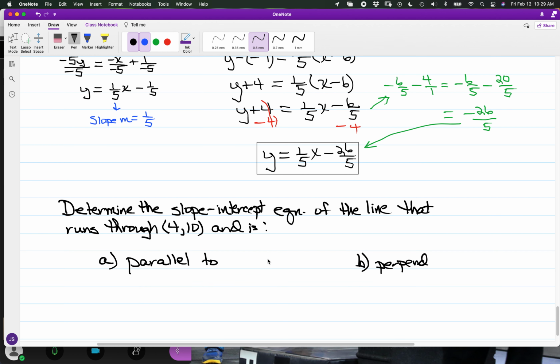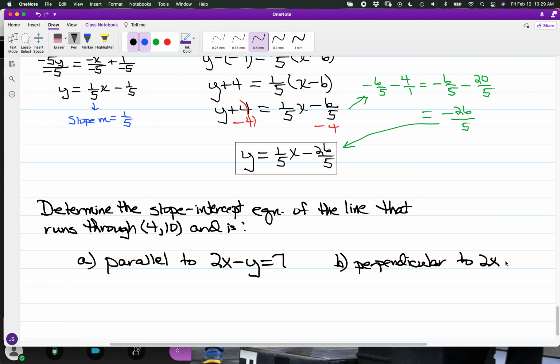See, we have parallel to 2x minus y is equal to 7. And we have also perpendicular to 2x minus y is equal to 7. So just for the next few moments, let's see what we get for the slope-intercept equations of these lines.